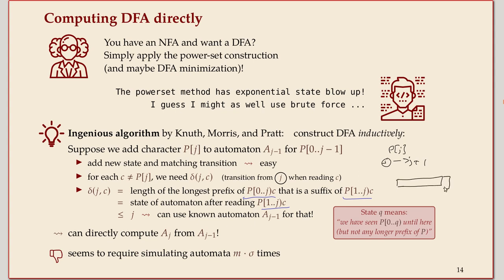So imagine we have seen a part of the pattern, P[0] up to P[j], and then we read a new character c, which is not the same as the next character in the pattern, so we cannot continue the current longest match. But we can take everything except this first character and try to find what's the longest match of this thing that I see here again.